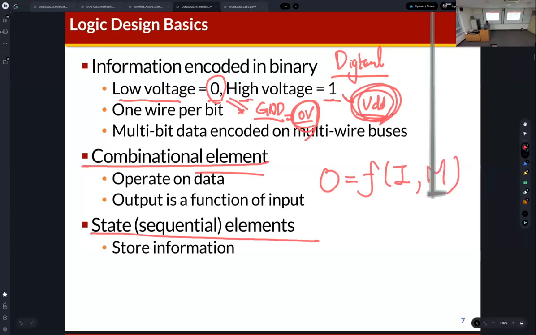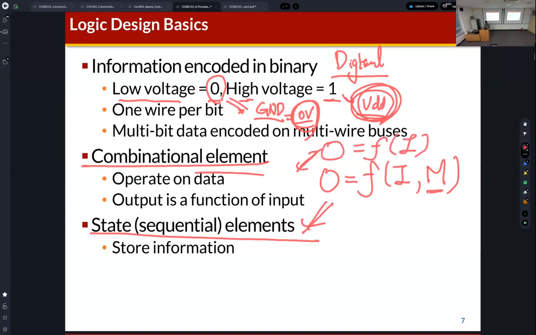For combinational logic, the output is just a function of input, but for sequential logic, the output is determined by input and previous states.